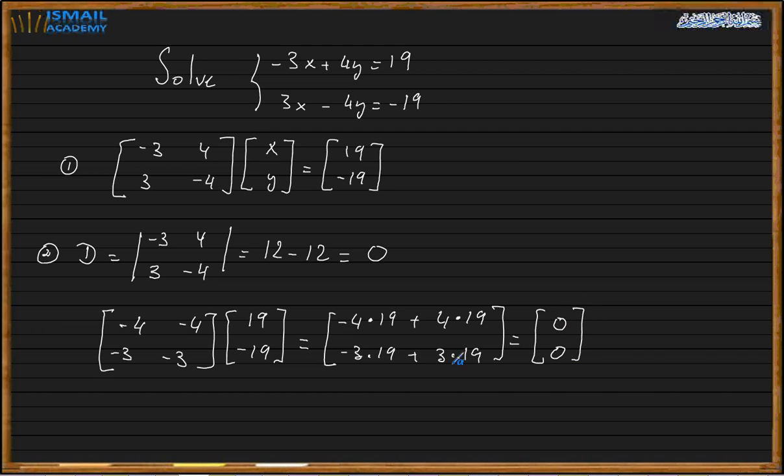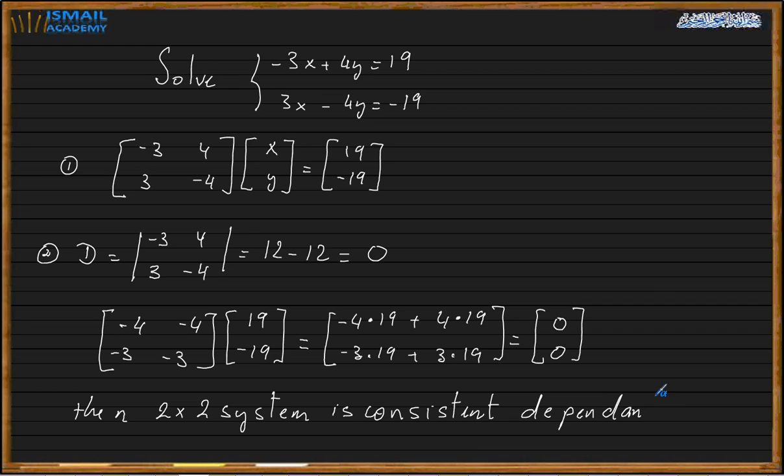Which means that the system is consistent dependent, so the 2 by 2 system is consistent dependent, so we have infinite solutions. So this is the idea behind how to solve a 2 by 2 system using inverse matrix.